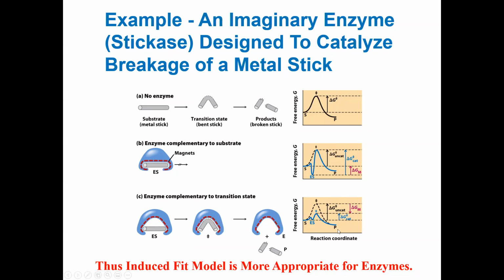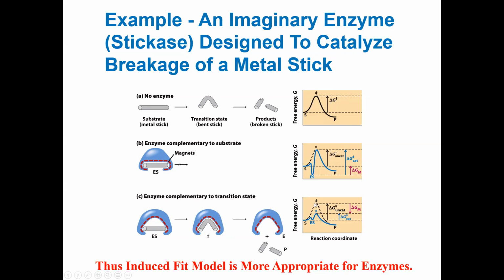How? That is what is shown here in the bottom right graph. Substrate here, blue line, pay your attention to the blue line, okay? Substrate here forms an enzyme substrate complex, but this enzyme substrate complex is not too stable. Free energy of the enzyme substrate complex is not lowered, but somewhere around the substrate. Once you form the enzyme substrate complex, the reaction goes through the transition state. The transition state is complementary to the enzyme, and therefore those interactions will stabilize the transition state.